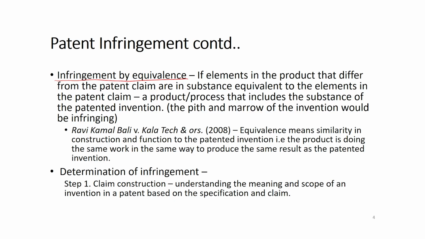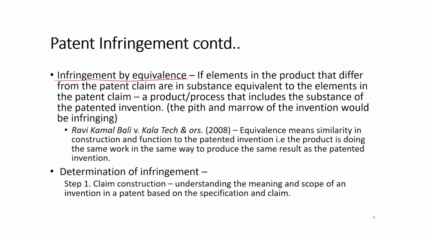Now, if you see here, if elements in the defendant's product are different, if there is a variant, there are a few elements which are different. For example, if I make a table with a rectangular top, you made a table with a circular top, there is a variant.